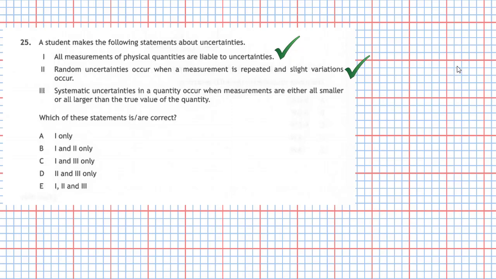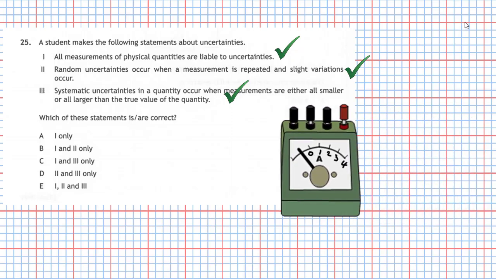Statement 3, systematic uncertainties in a quantity occur when measurements are either all smaller or all larger than the true value of the quantity. Now that statement is correct as well. What is a systematic uncertainty? Well, that can be explained by looking at this ammeter here. If I use this ammeter to measure Ohm's law or to measure the value of resistance, the meter is not properly set at 0 amps.